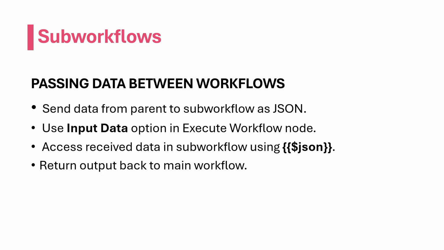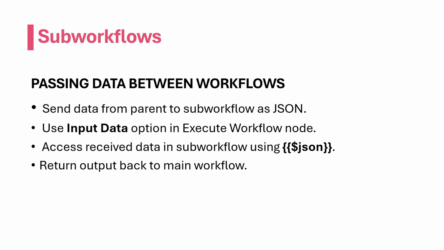Now you can also pass data between the main workflow and the sub workflow. How? Let's see. In the Execute Workflow node, you will find an option called input data. Here you can send JSON or any field from your parent workflow. Inside the sub workflow, you can access it using curly brackets, dollar sign JSON, and the curly braces and all these things are mandatory, as we have already discussed in the previous videos.